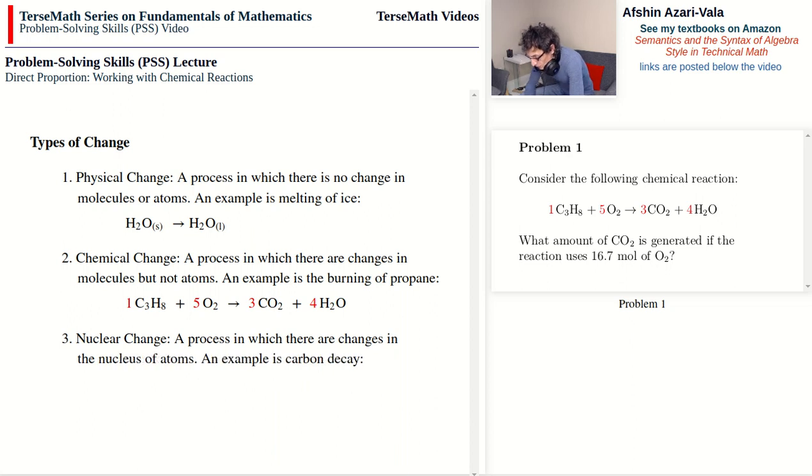That's why it's called a nuclear change. An example of this is carbon decay. So something like C14, carbon 14, becomes N14 plus an electron. I will talk about nuclear changes much later in the series, but for now our focus is on chemical changes. So we will be working with formulas like this.